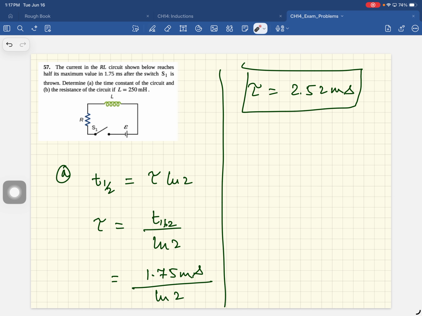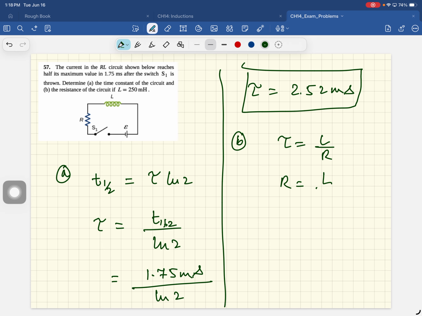What resistance R must be connected in series with a 200 millihenry inductor so that the resulting RLC circuit is to decay to 50% its initial value of charge in 50 cycles?